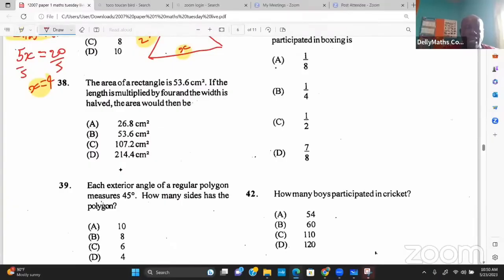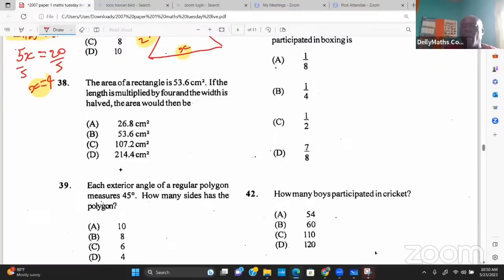So 38 says the area of a rectangle is 53.6. If the length is multiplied by 4 and the width is halved, the area would then be what?